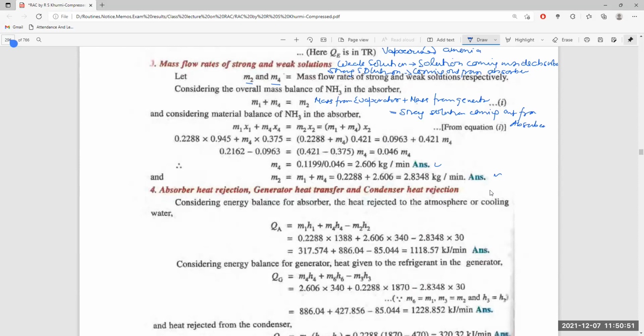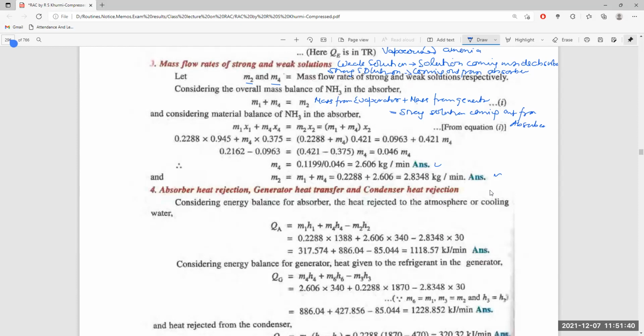Considering the energy balance for the generator, the heat given to the refrigerant in the generator is Qg equals M4H4 plus M6H6 minus M3H3.